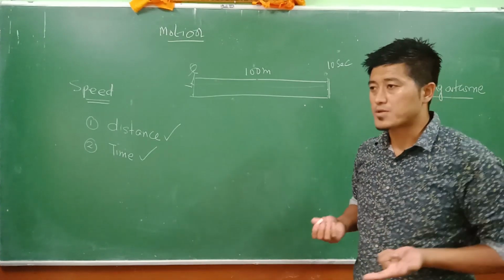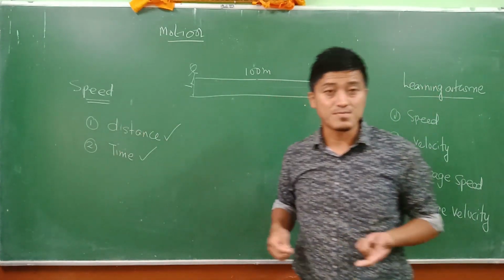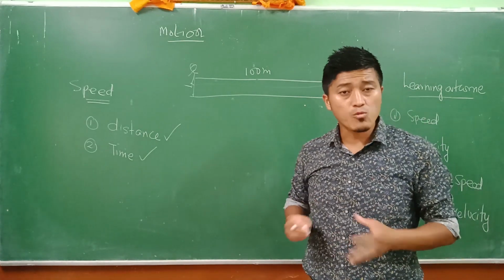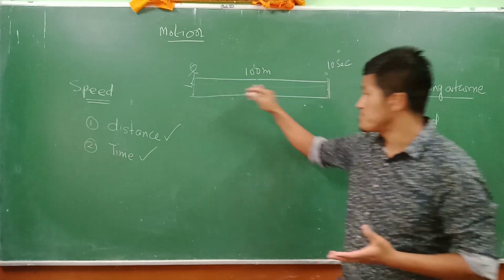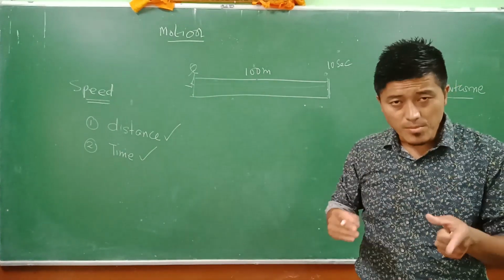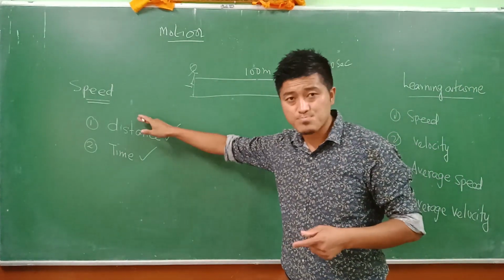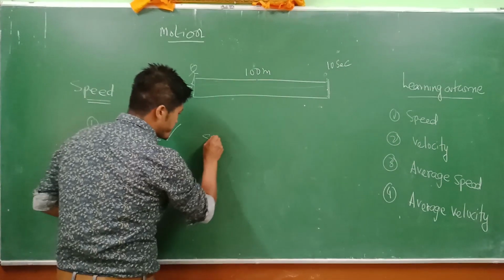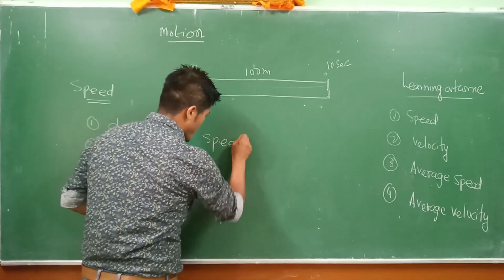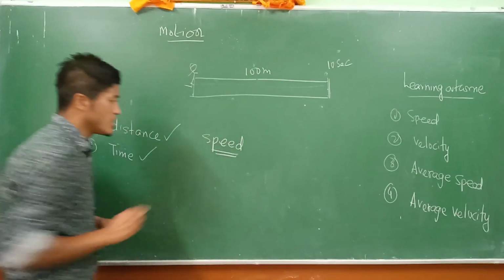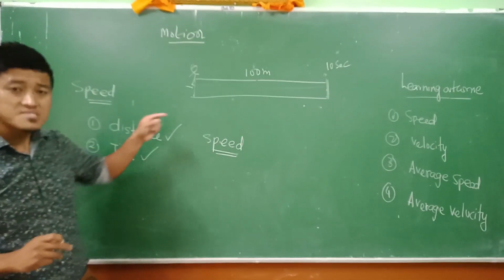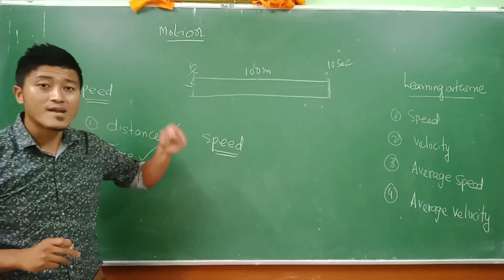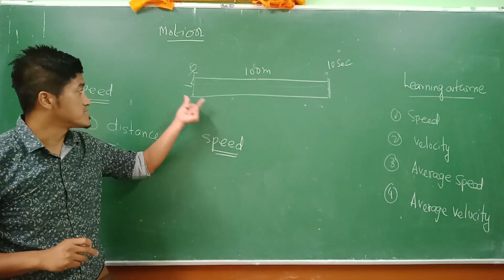Now, our topic today is speed. At what speed has that particular student completed this 100-meter race? So how do we normally define speed? We define speed as the distance covered by an object. That object in this example could be the student.